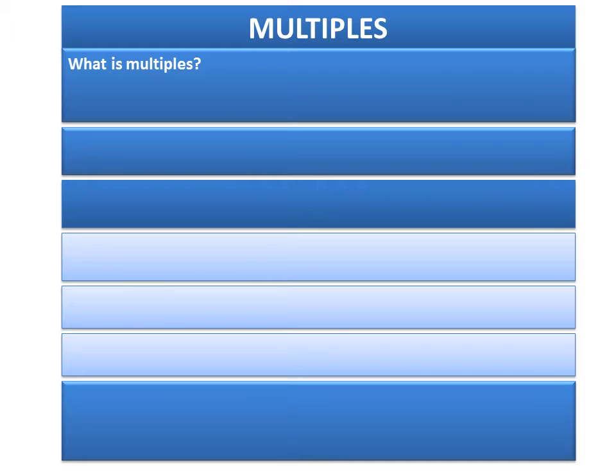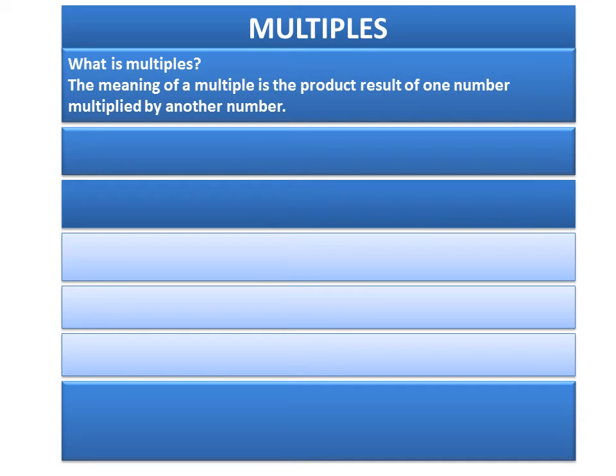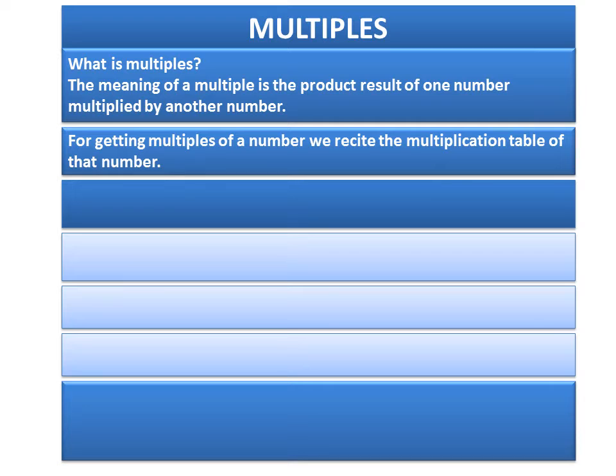Multiples. What is a multiple? The meaning of a multiple is the product result of one number multiplied by another number. Or in another way, for getting multiples of a number, we recite the multiplication table of that number. So, multiples are equal to tables.